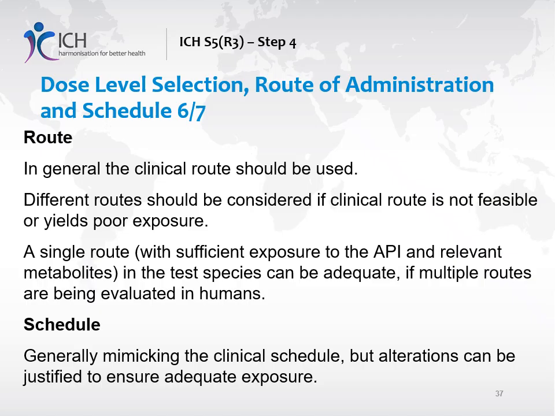Schedule. Dosing schedules used in the toxicity studies determine the exposure profile, which can be important in the risk assessment. Although mimicking the clinical schedule is often sufficient, a more or less frequent schedule can be appropriate.